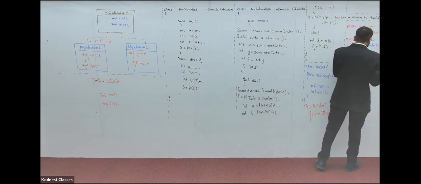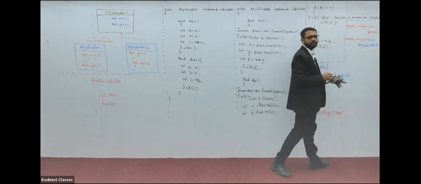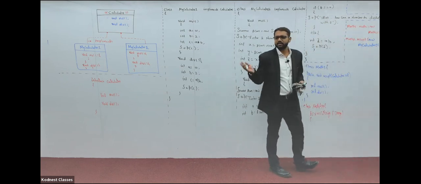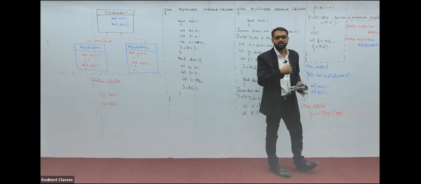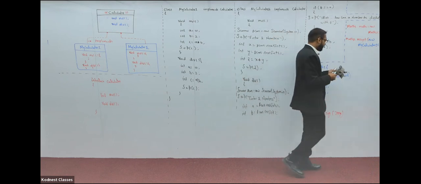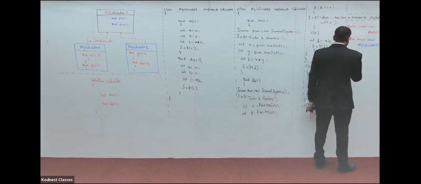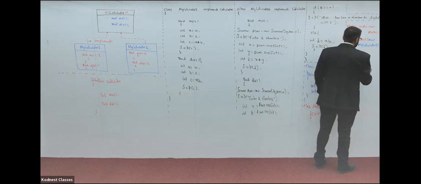I've created the object, rather than storing it in a reference variable, directly there only I'm creating and sending. I'm reducing the number of lines of code. This we have seen already, multiple times. Anyway, again I would tell maths dot accept.